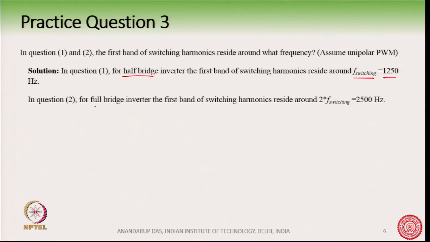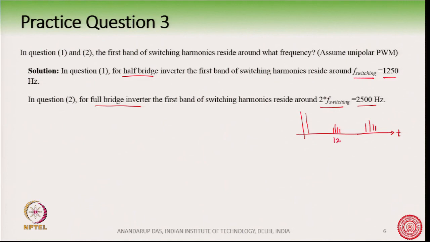Now, for the full bridge, where we are using unipolar PWM, the first band of switching frequency harmonics will reside at 2 times 1250, that is 2500 hertz. In the half bridge, this is the fundamental and this is the first band of harmonics, then the second band of harmonics, and so on.